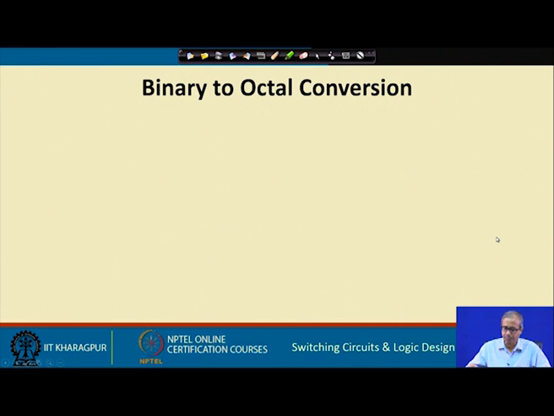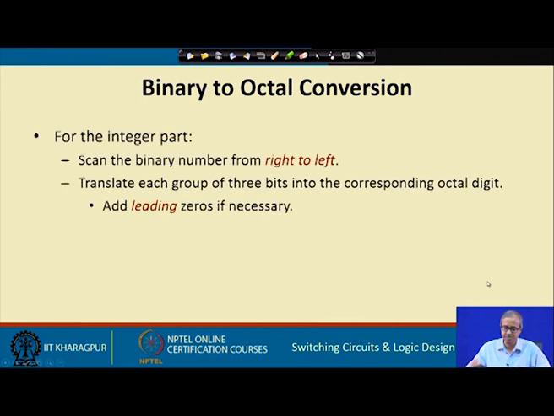Now, when we talk about binary to octal conversion, it basically follows this principle. When you have an integer part, you scan the number from right to left. I will take examples. Given a binary number, you scan from the least significant position on the right to the most significant digit position on the left.